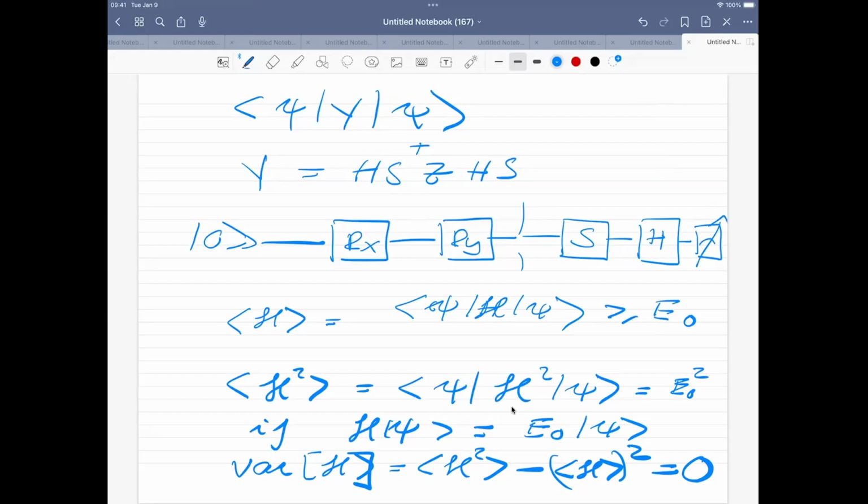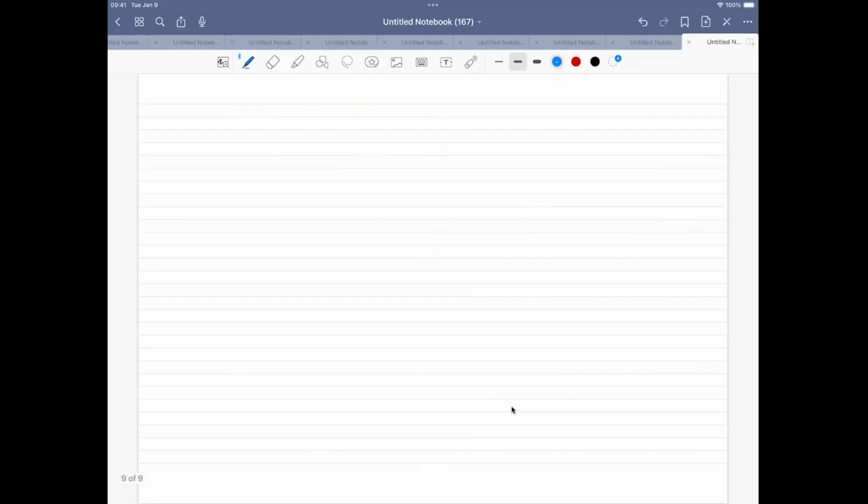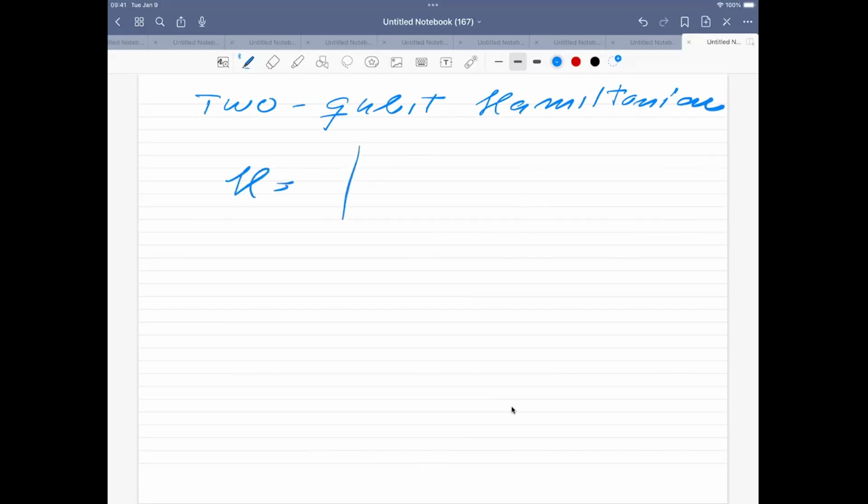Now, this was the 1 qubit case. Now we are going to go over to the 2 qubit case. So if we now look at the 2 qubit case, we have a Hamiltonian which we are going to rewrite. Let me just write this one down. There is a simple Hamiltonian which we looked at last week as well. In that case, we have a Hamiltonian which looks like this.